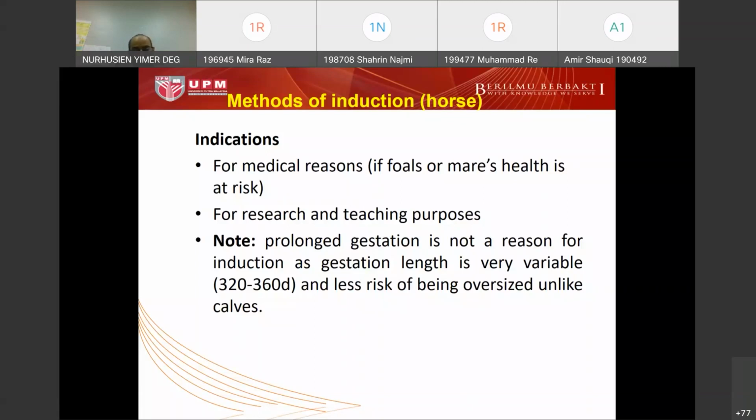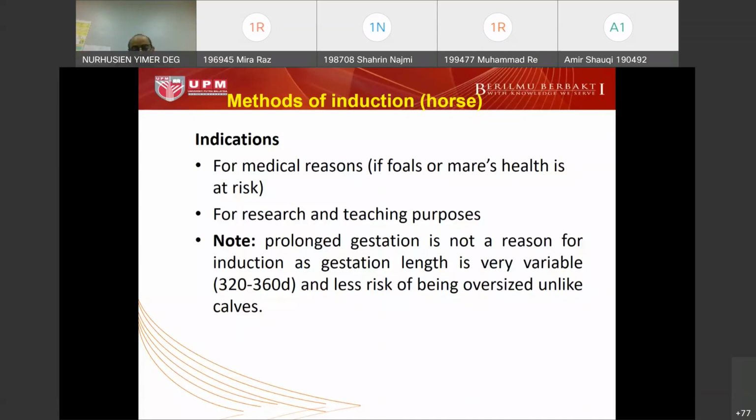For cattle, that's important, because the gestation period is quite consistent. But in mares, there is a wide variation in gestation period which is considered normal. And not only that, the fetus in the horse doesn't grow indefinitely. I mean, it doesn't keep growing as in the case of cattle.